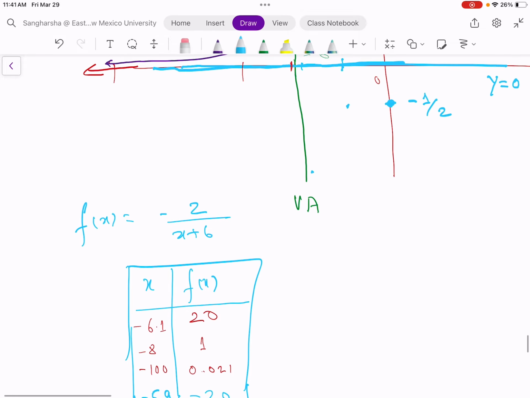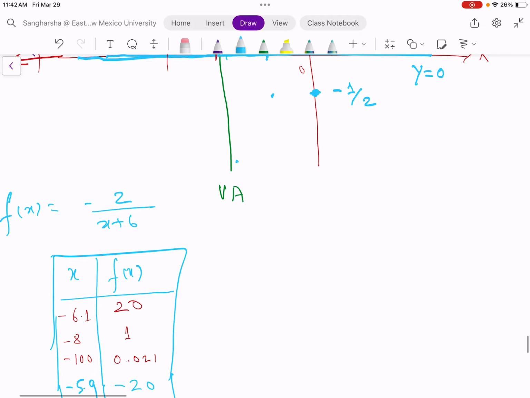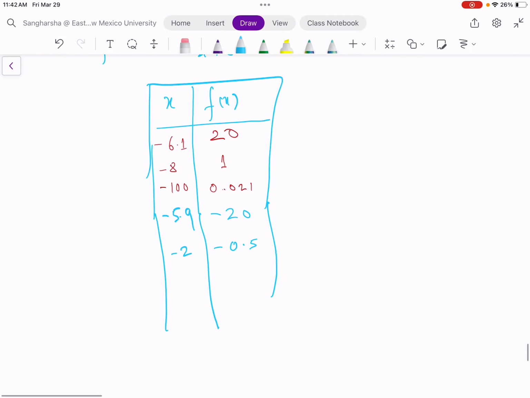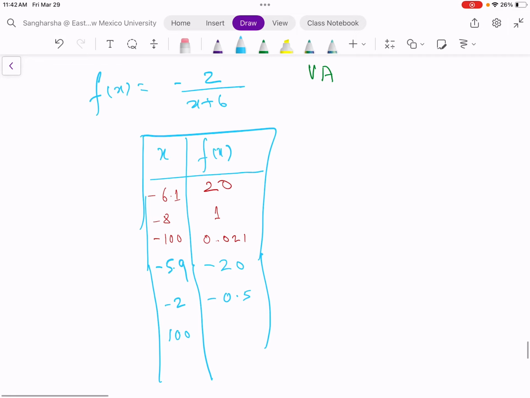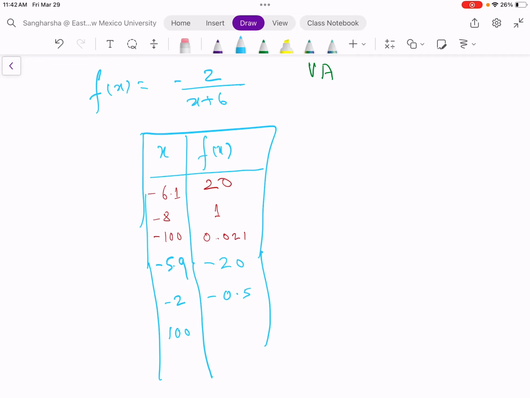Now let's choose a very big number like positive 100. If x is positive 100, we have -2 divided by (100 plus 6). So -2 divided by 106.